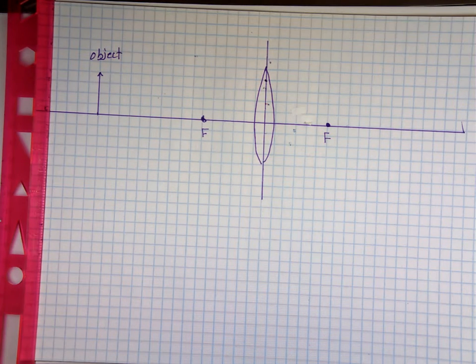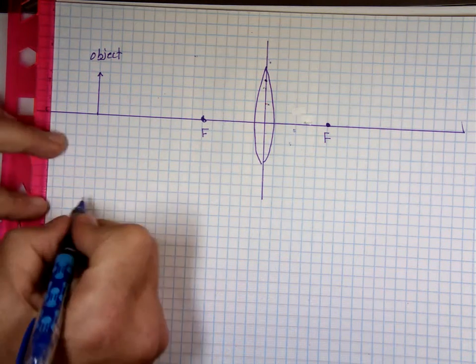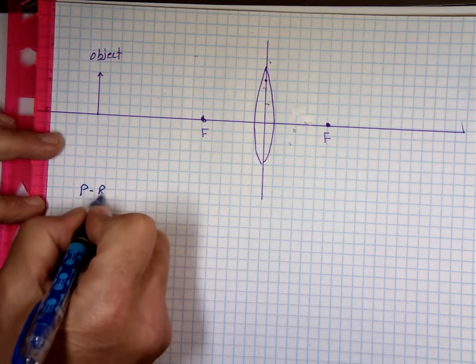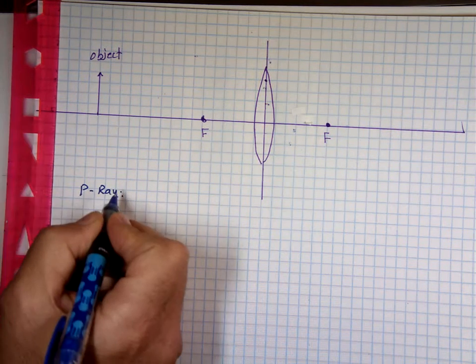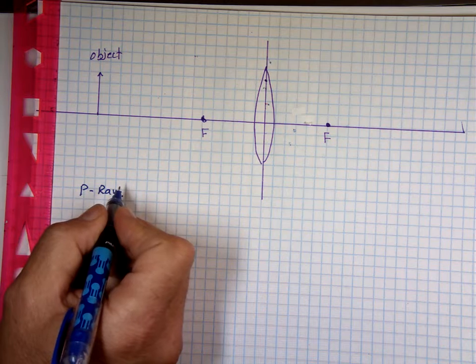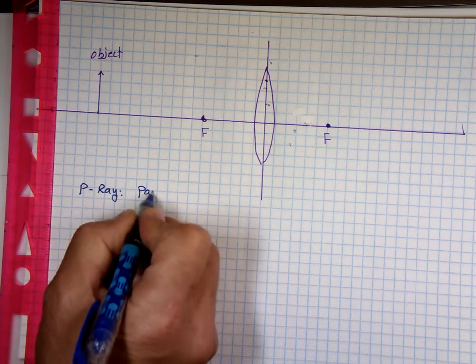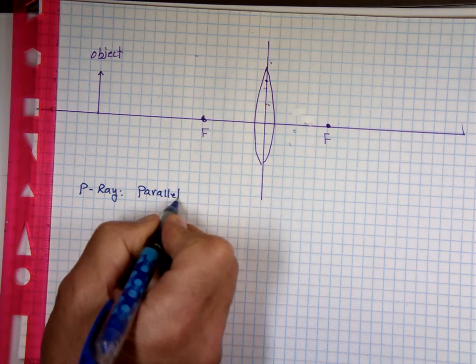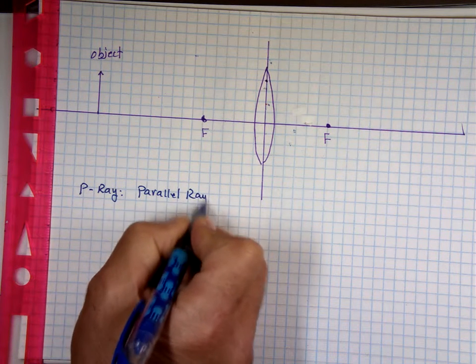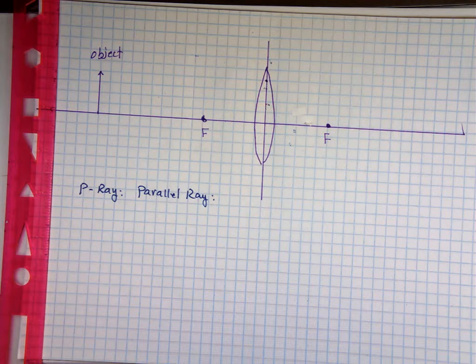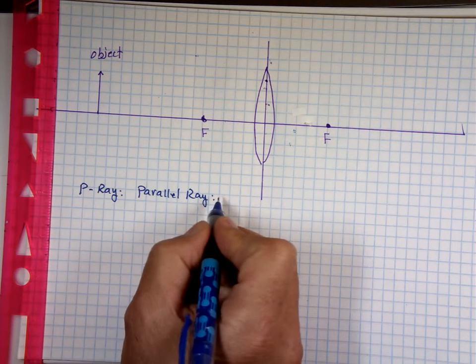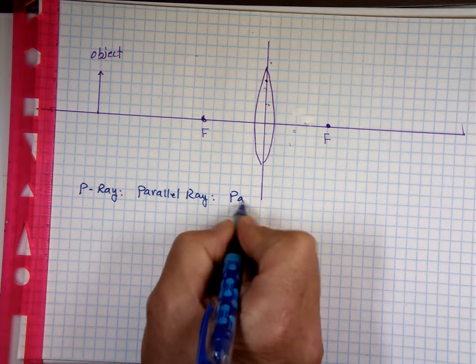So I used color coding last time. The first one was the P ray. P for parallel. That's why we call it the P ray. Parallel ray. So it's parallel to the axis.